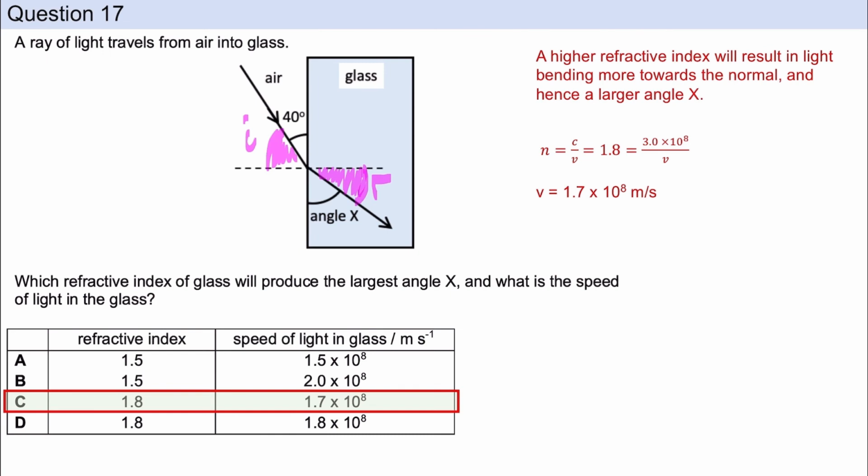A high refractive index will result in light bending more towards the normal and will produce a smaller r and therefore a larger X. So in this question, the refractive index will be 1.8, and doing some calculation using n = c over v, you will get the speed of light as 1.7 times 10 to the power 8 meters per second.